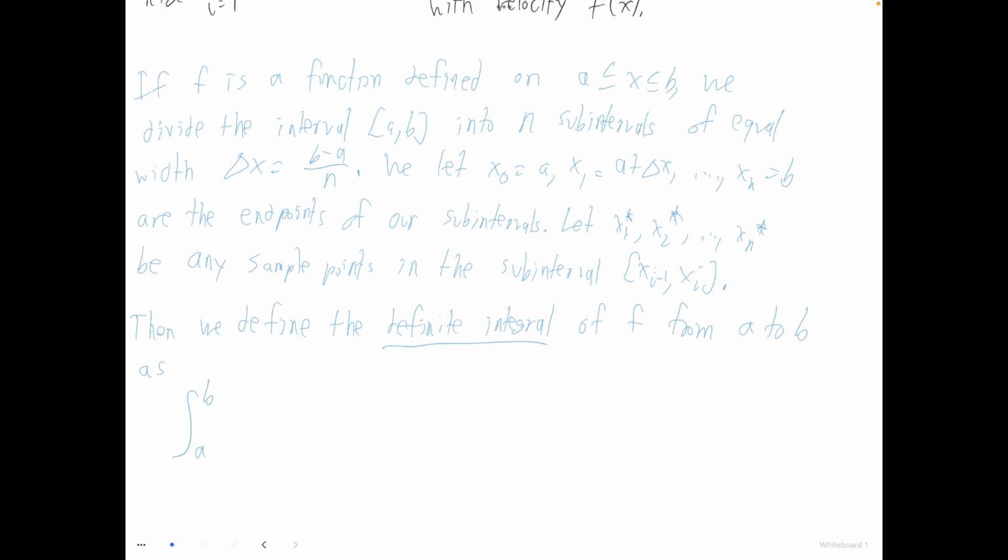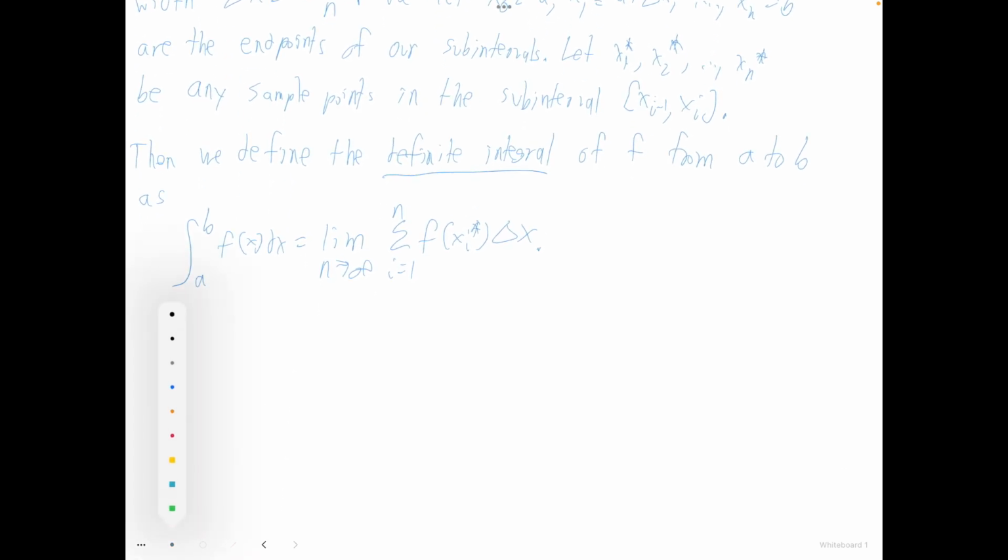That's what the elongated s means. The integral from a to b of f of x dx is defined to be the limit as n goes to infinity of the sum from i equals 1 to n of f of x sub i star delta x. This is what we call a definite integral, and it's really just a shorthand for these limits of sums that we saw before.